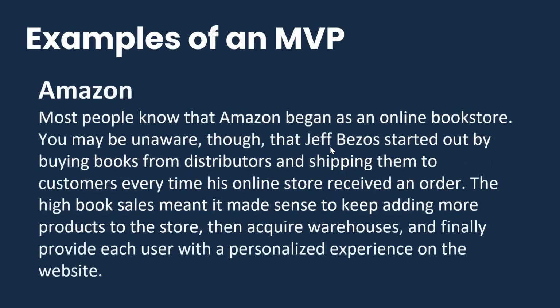Okay. So even the Amazon, I think you're familiar with Amazon. So they began as an online bookstore, so si Jeff Bezos, what Jeff Bezos did before was to buy books from distributors and ship them to customers every time nga na siya order sa iyang online store.